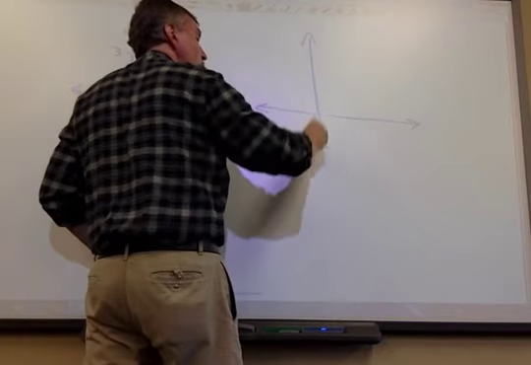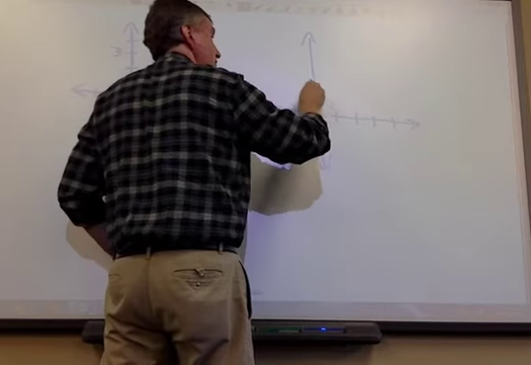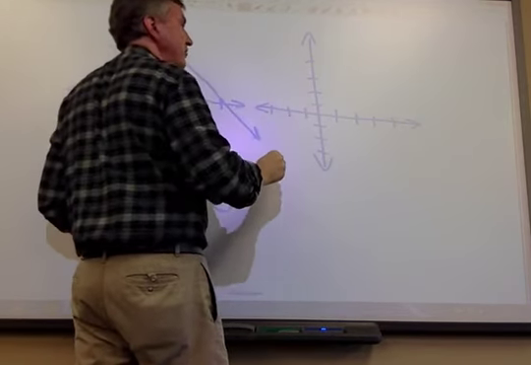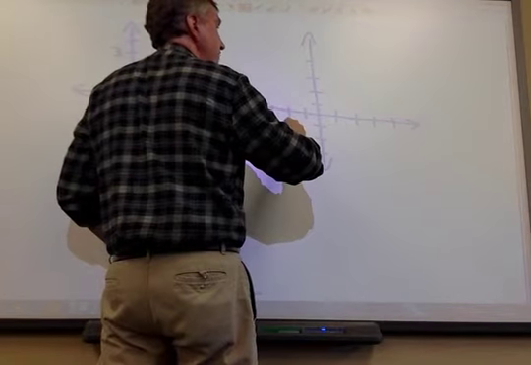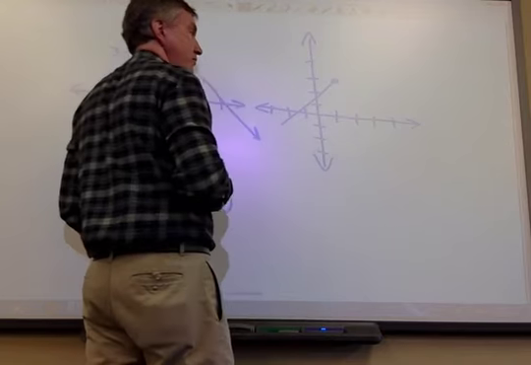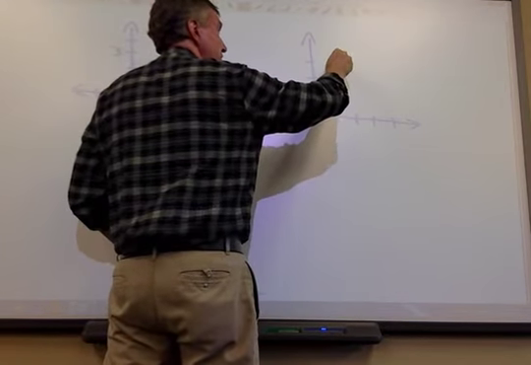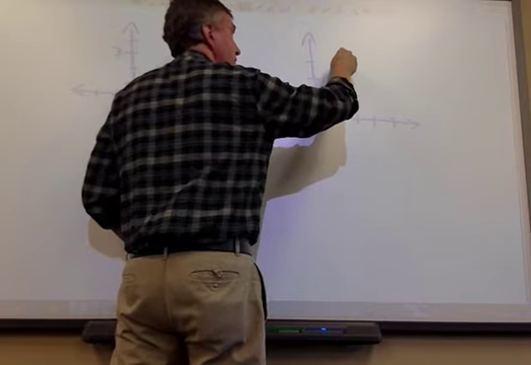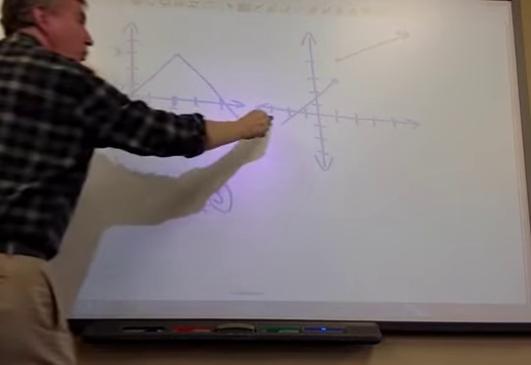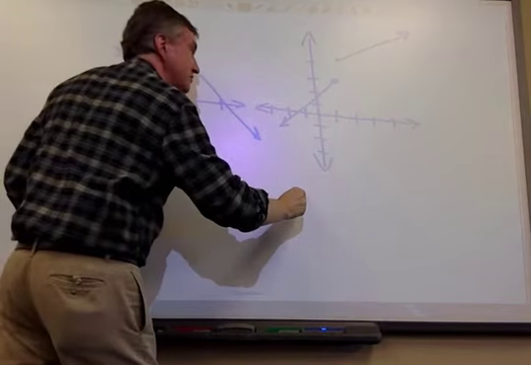What if you graphed a piecewise function on your calculator, and it looked like this. What if this piece was like this, with an open circle there, and then the other piece looked like this? What if that was my function, and I asked you this question?